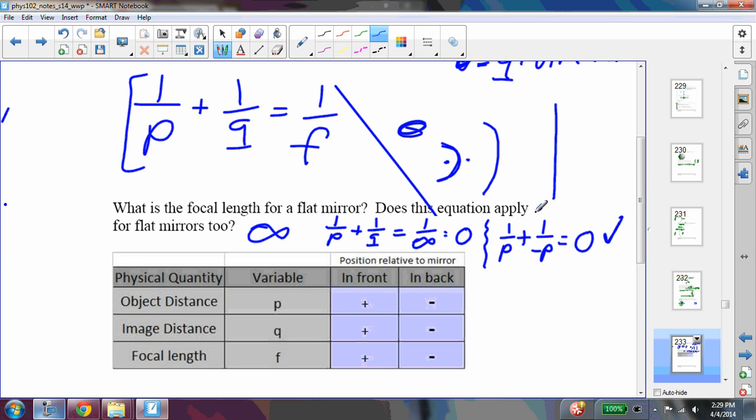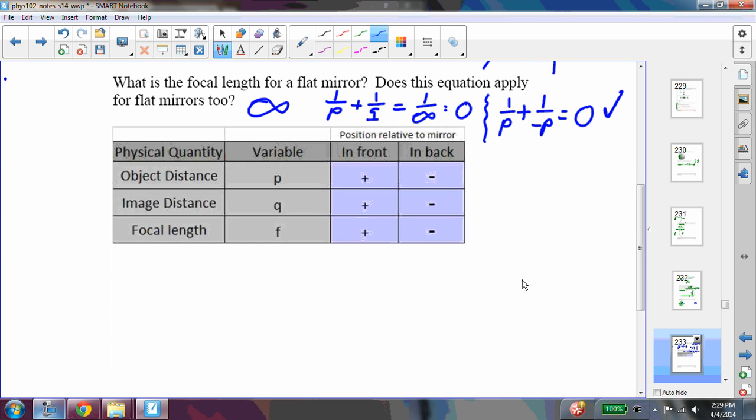Well, let's look at this little table, and I'll explain what this means. We have a couple of different things that I've already said, and then one new thing. The things that I've said already: your object distance is positive if the object is standing in front of the mirror. This is a normal thing, right? If I'm standing in front of a flat mirror, my object distance is positive.